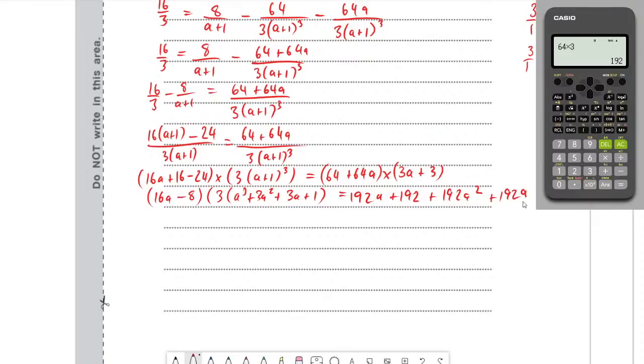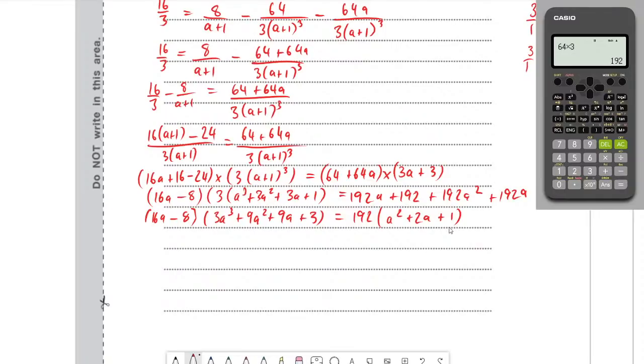Alrighty. 16a minus 8, 3a cubed plus 9a squared plus 9a plus 3. So if I take the 192 out, I'm left with a squared plus 2a plus 1, which is so nice.